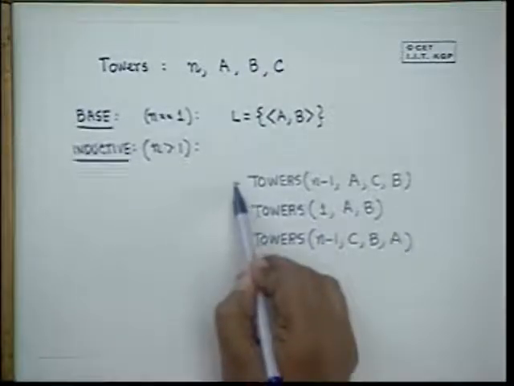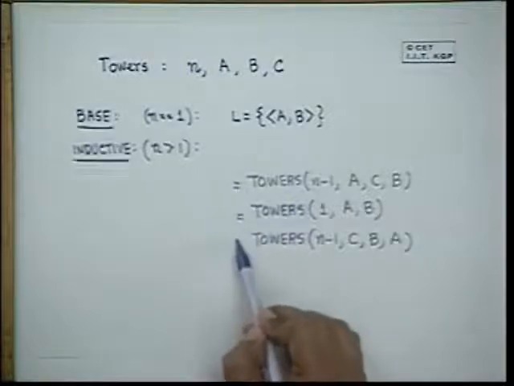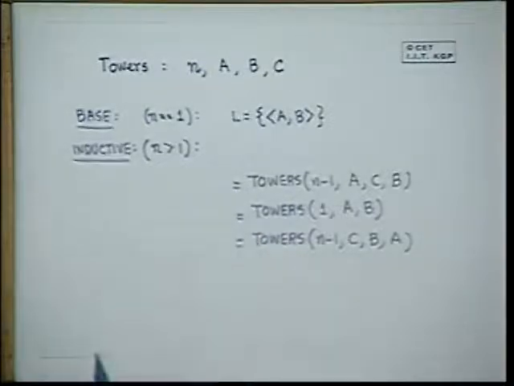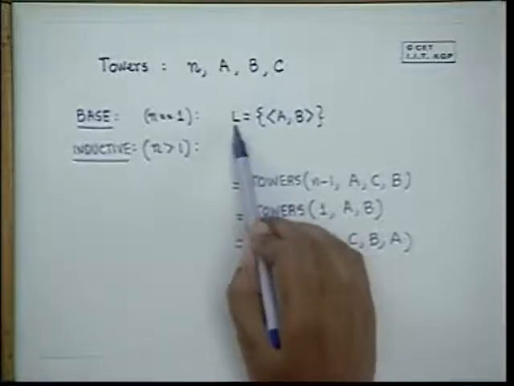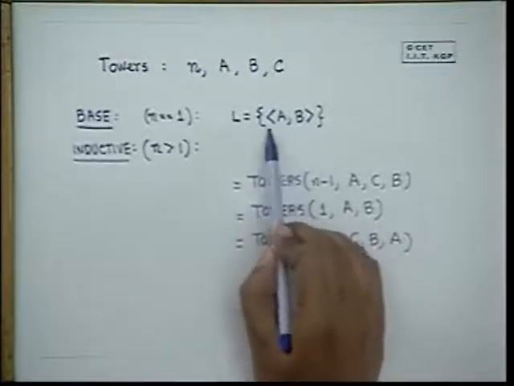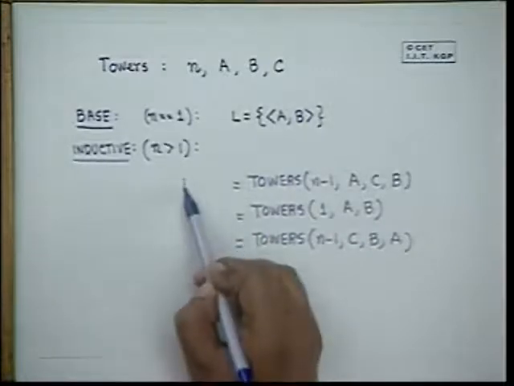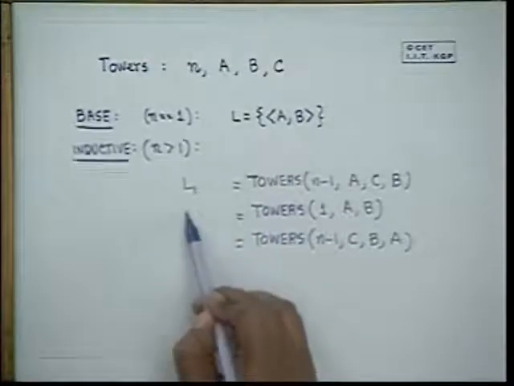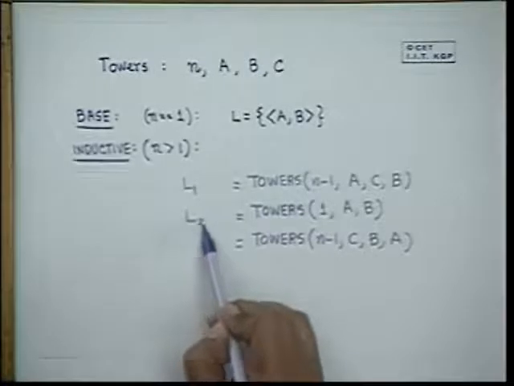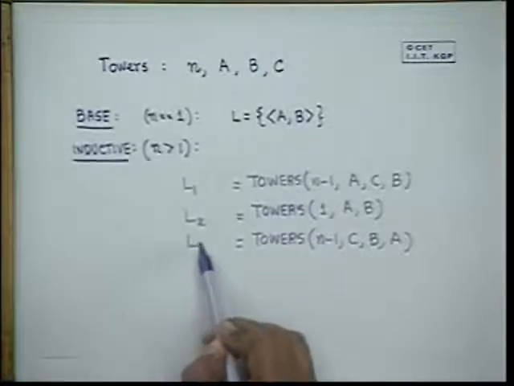Each of them will be returning a set or a list or a sequence of such pairs. So let this return L1, let this return L2, and let this return L3.